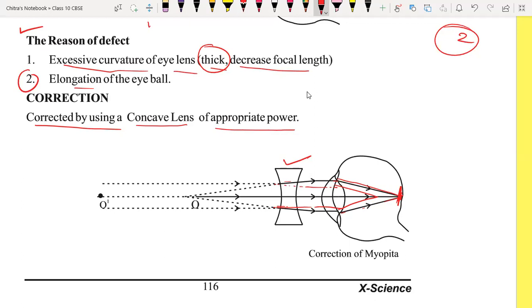So yes, sometimes what happens, suppose I am using spectacles while watching movies or maybe while using a laptop. So the power of my lens is negative 0.25. Okay, forget that negative one.